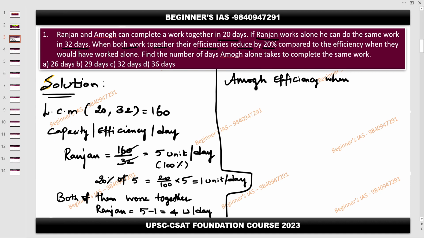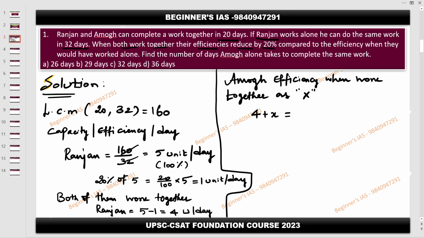as x. Listen carefully. When working together, we have 4 plus x: 4 units of Ranjan and x units of Amog.